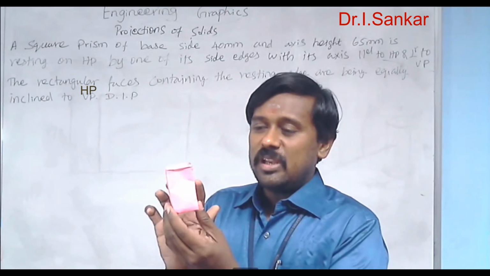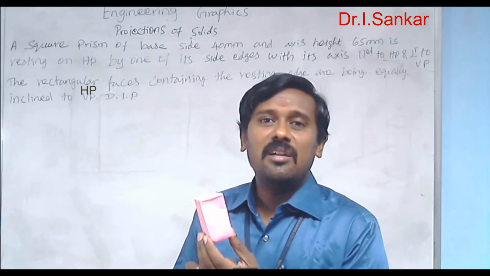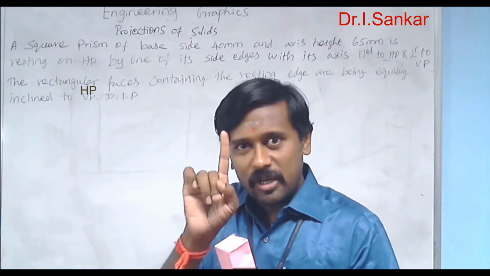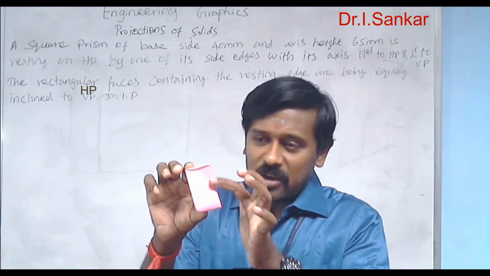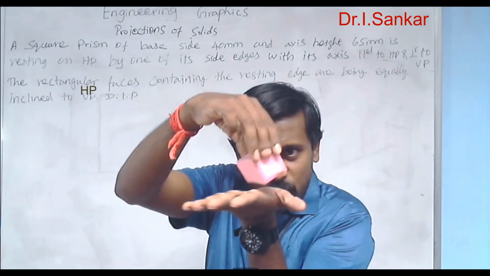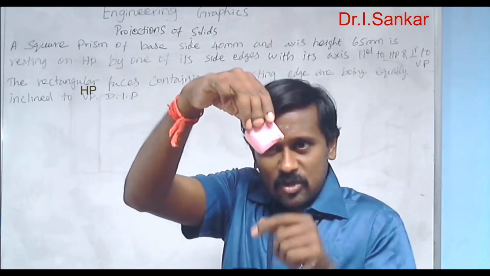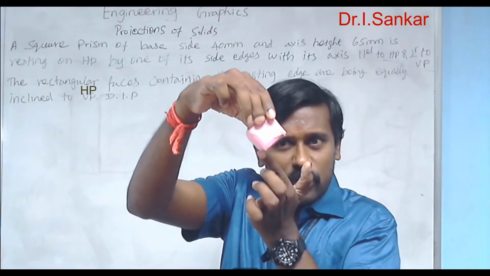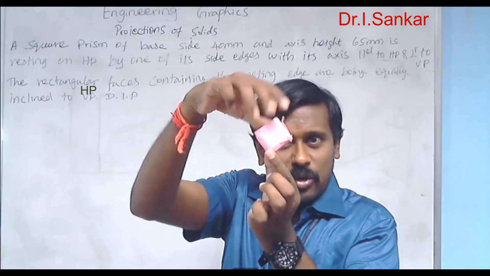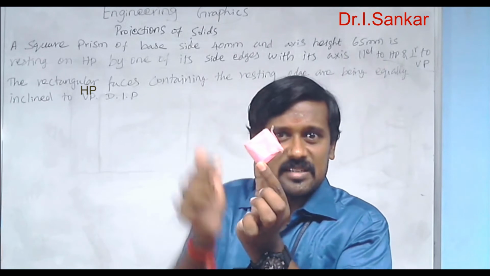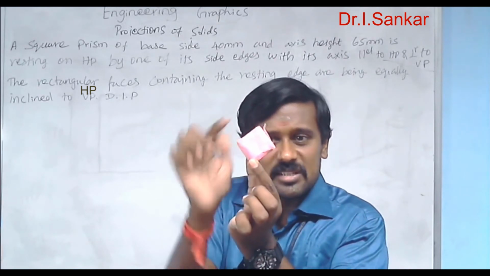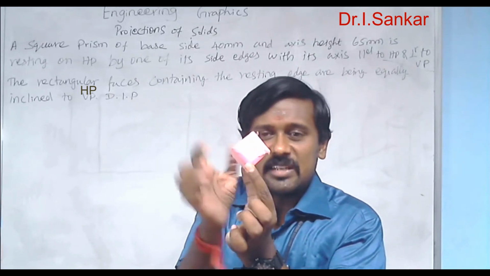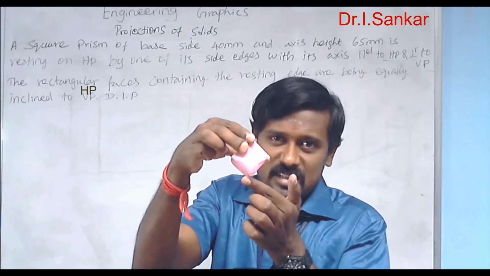See, how many edges in this solid are resting on the HP? Only one edge. Which edge? One of the side edges. One of the side edges is going to rest on the HP. So out of the 4 side edges, this is the one and only edge which is resting on the horizontal plane.